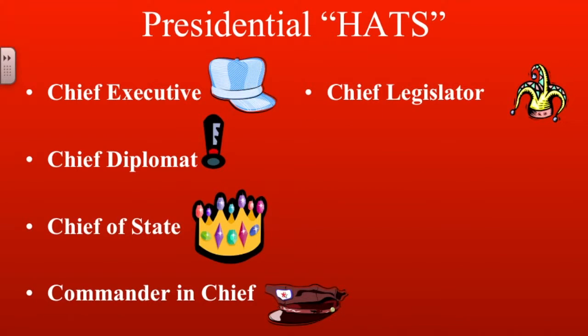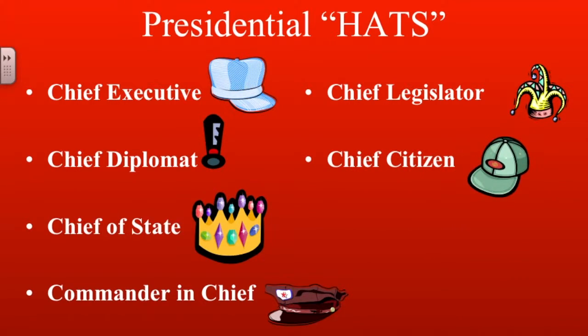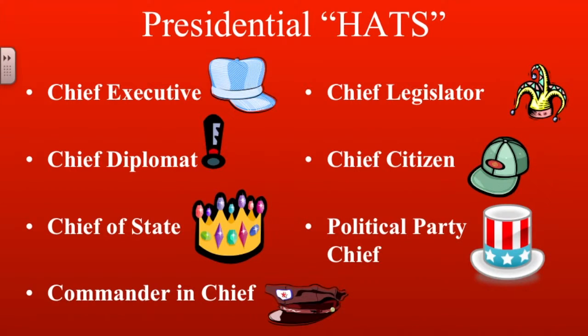Chief legislator is the jester's hat because if you know the history of a jester, they were to entertain the king and queen. So the president actually has to entertain Congress, but not in the same way that a jester would have entertained the king and queen. Chief citizen is a baseball hat because it's a normal everyday thing. And then political party chief is the top hat with the red, white, and blue.